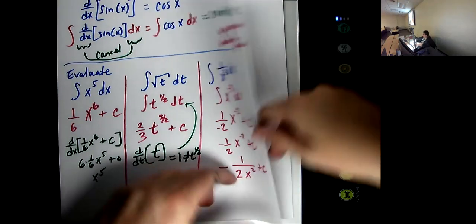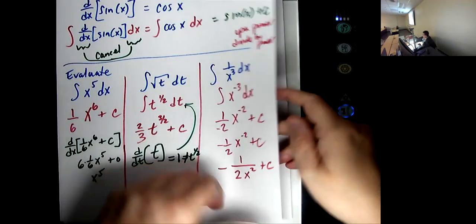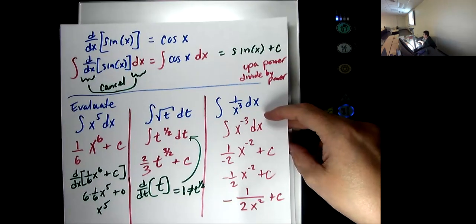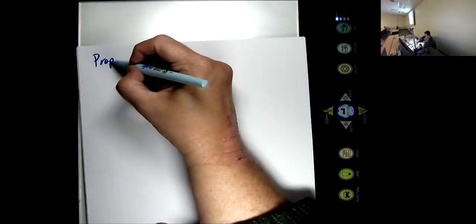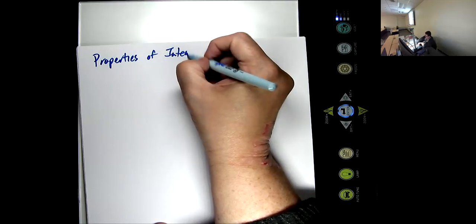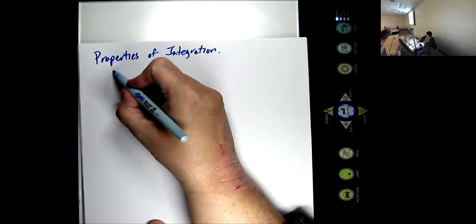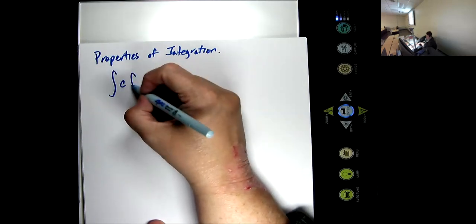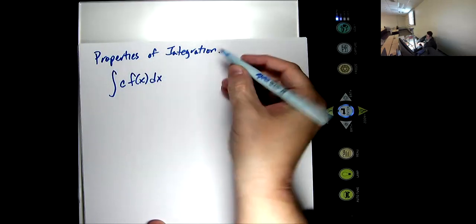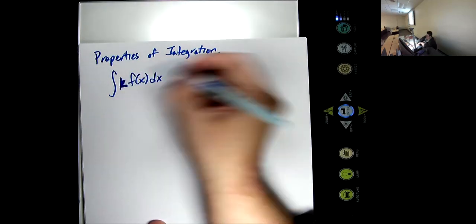Some basic properties of integration. Does anyone need this up longer? If you integrate a constant times f of x dx, maybe I'm going to use k because we use c as the constant of integration.